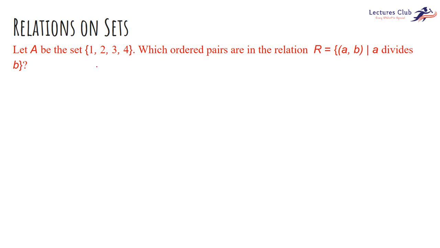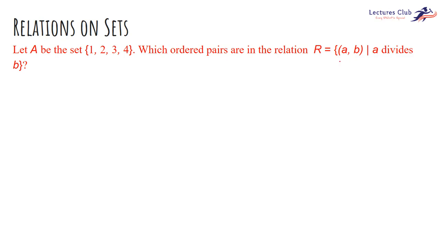Another example: let A be the set 1, 2, 3, 4. Which ordered pairs are in the relation R, where (a, b) is in R whenever a divides b? Here we have been provided a condition.